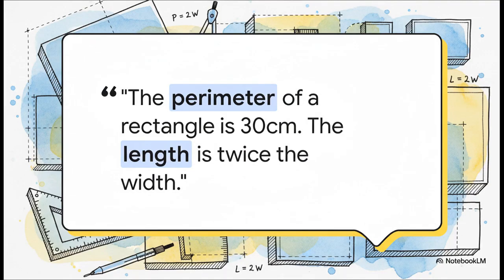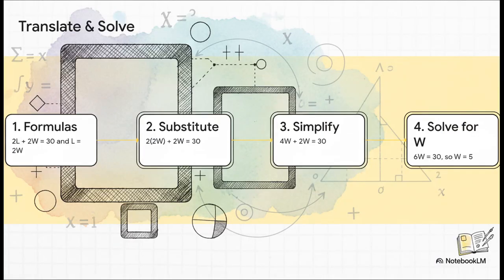This one throws in a little bit of geometry, which, by the way, word problems love to do. It says the perimeter of a rectangle is 30 centimeters. The length is twice the width. The key here is remembering the formula for perimeter: 2L plus 2W equals 30. That's our first equation. The second one comes from that phrase, length is twice the width, so L equals 2W.